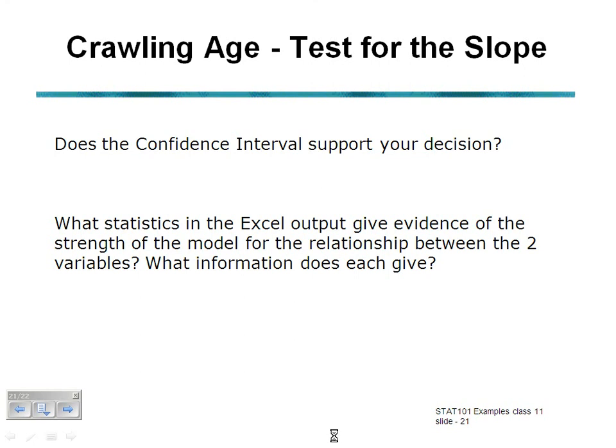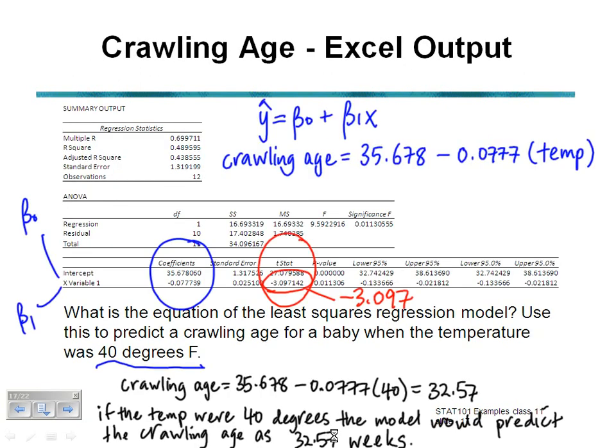Does the confidence interval support our decision? If we have a look at the confidence interval from our Excel output, once again, confidence interval for the slope, remember. Make sure we're picking up the correct one from the output.